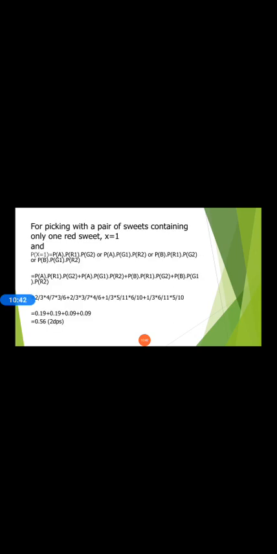For picking with a pair of sweets containing only one red sweet. For example, the pair of sweets removed, we see that there is only one red and one green. Therefore, that one means that our X will be 1, or one red sweet.